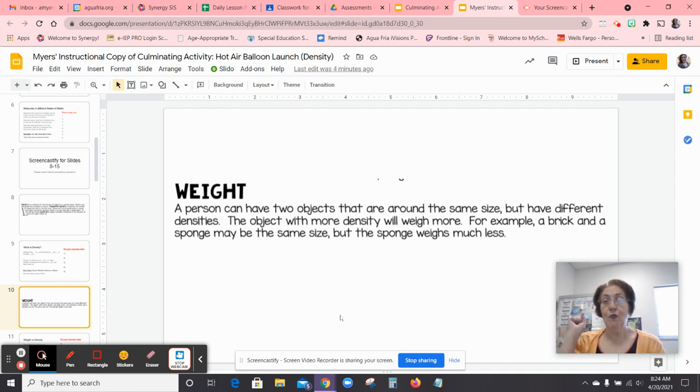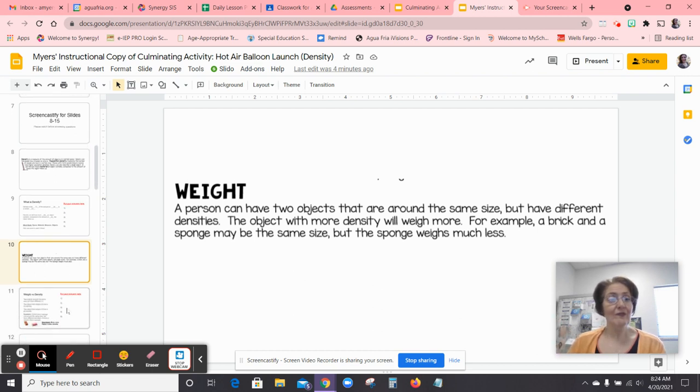The object with more density is going to weigh more. For example, a brick and a sponge. They are about the same size, but a sponge has less density, so it's going to weigh a lot less. A brick is going to have really high density, so it's going to weigh more.